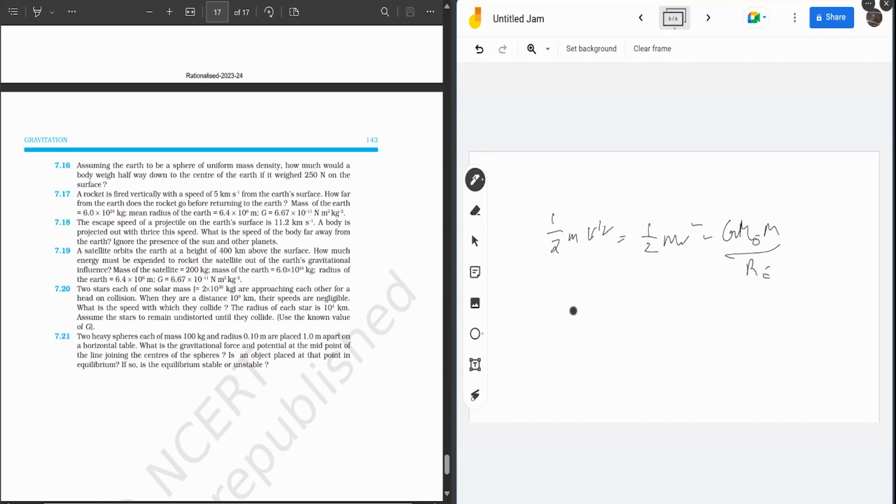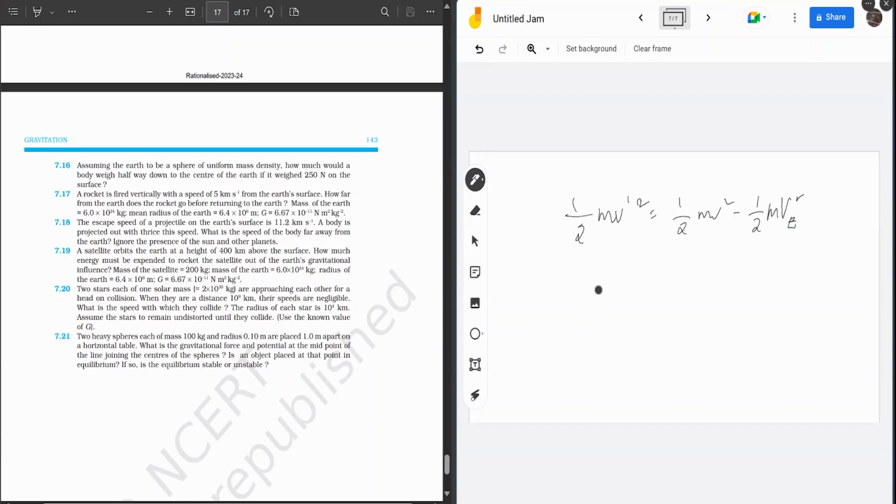Now if Ve is the escape velocity, then half m Ve square is equal to G Me m divided by Re. So substituting 2 in 1, we'll be getting half m v dash square is equal to half m v square minus half m Ve square.